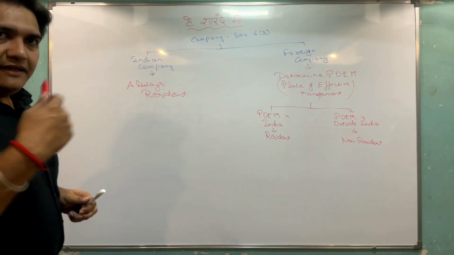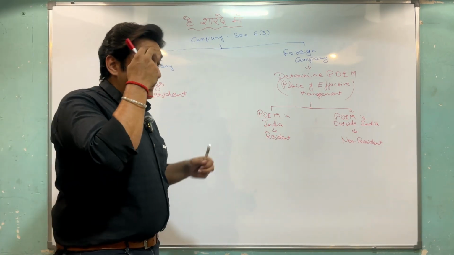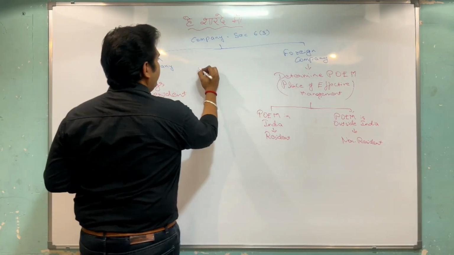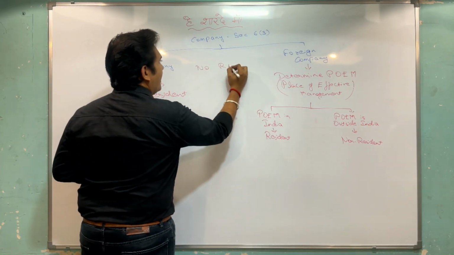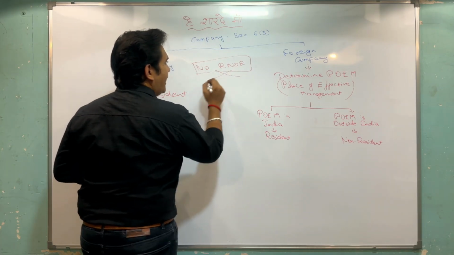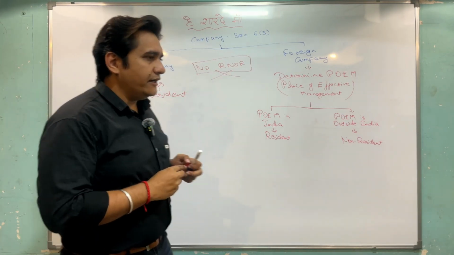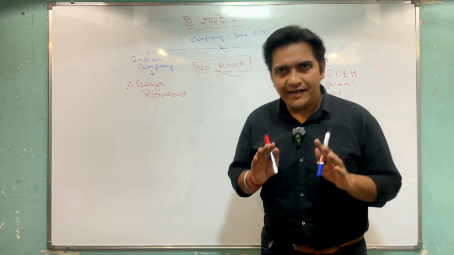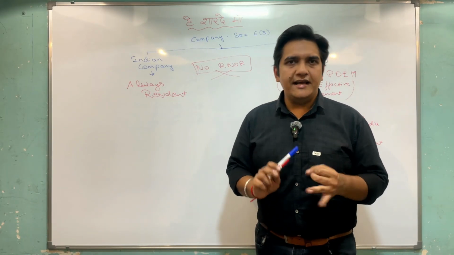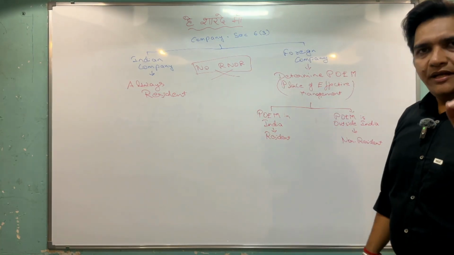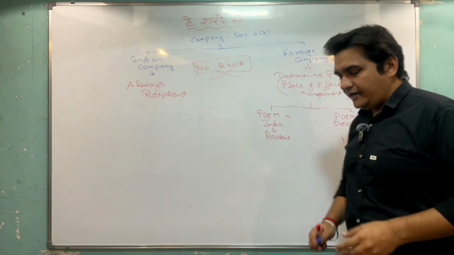And like we discussed in partnership and other persons' residential status, here there is no concept of RNOR. So do not get confused. RNOR, resident but not ordinarily resident, is only applicable for individuals and HUF. For all other entities, they can only be resident or non-resident, right?